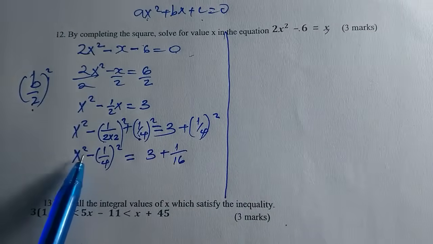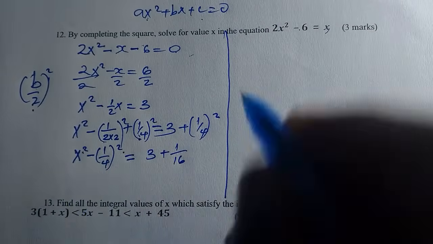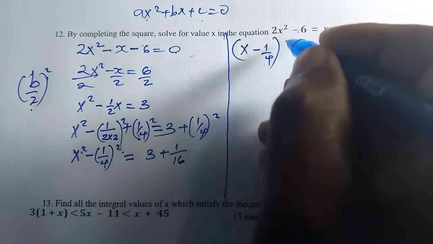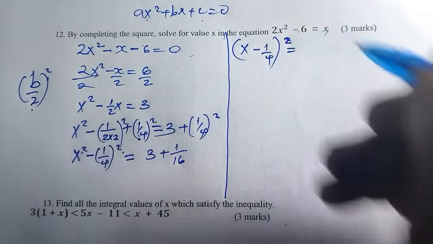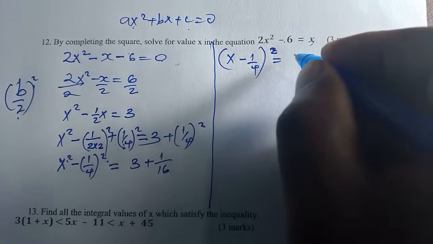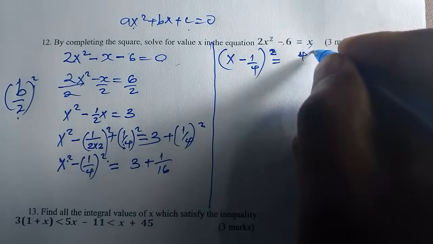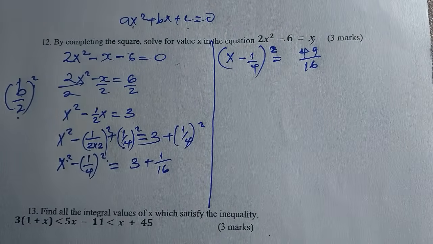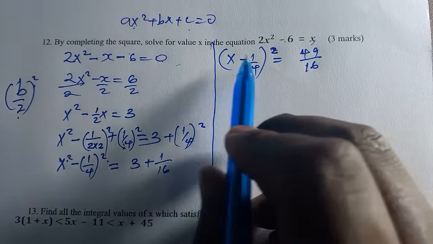Now this is a square and it's a square. We take 1 square, that is x minus 1 over 4, everything squared, is equal to, when you add this, you will get 49 over 16.